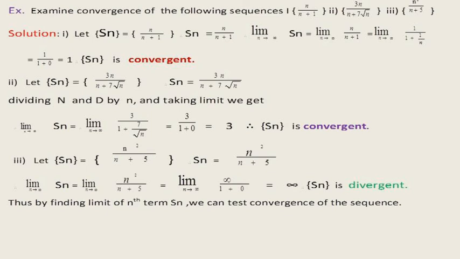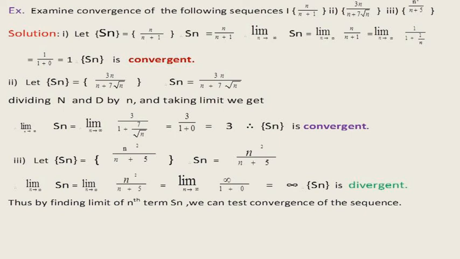Second example, S_n is equal to 3n upon n plus 7 root n. Similar to the above example, to find the limit we divide numerator and denominator by n, and we find the limit as 3. So this is a convergent sequence.